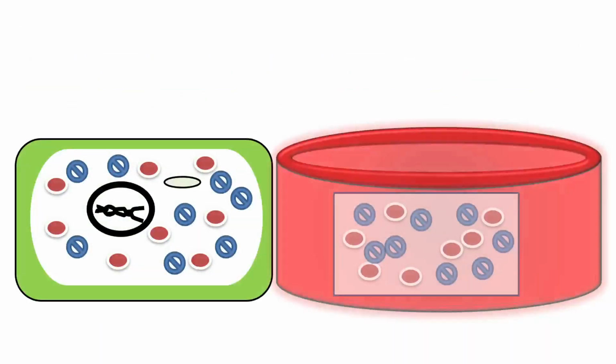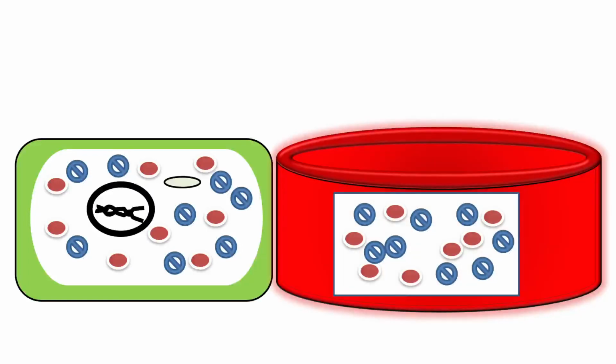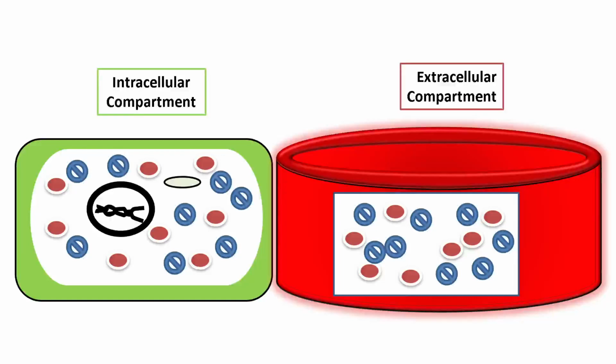In this diagram, on the left side, we see a single cell. This represents the intracellular compartment, and on the right side, we see a part of a blood vessel. This represents the extracellular compartment, especially the intravascular compartment. The blue circles represent water molecules.